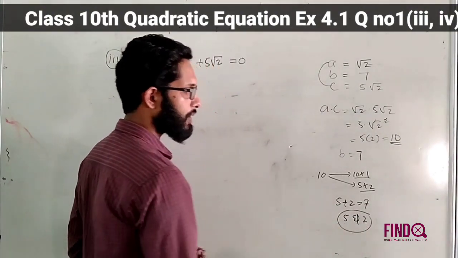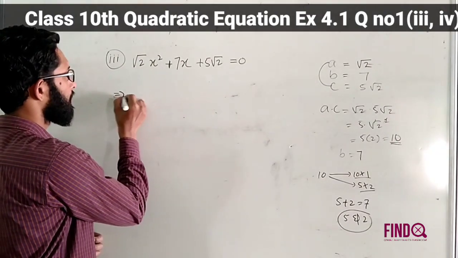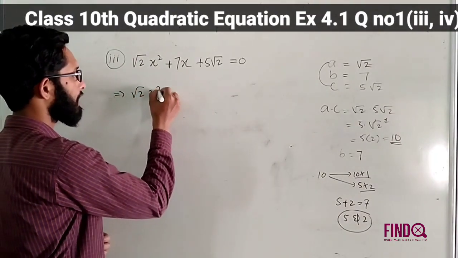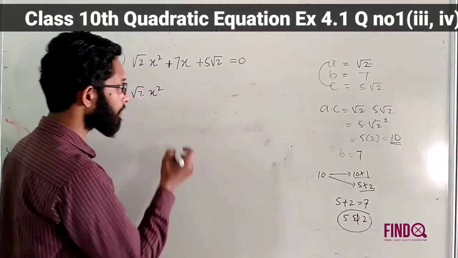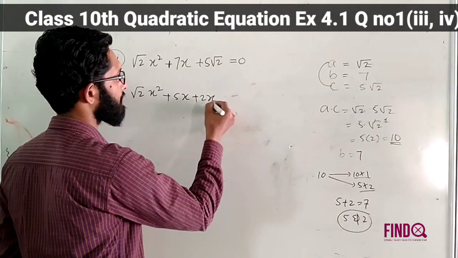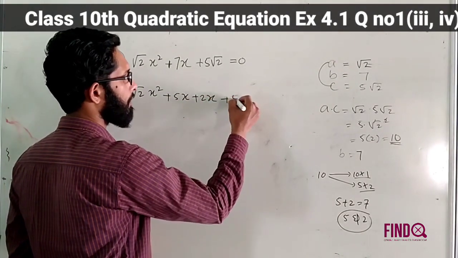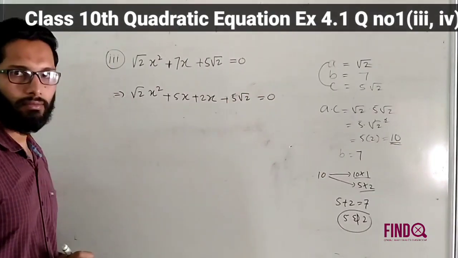Now using 5 and 2, split the middle term. So root 2 x square, and 7x using these numbers 5 and 2 we can write plus 5x and plus 2x, plus 5 root 2, which is equal to 0.